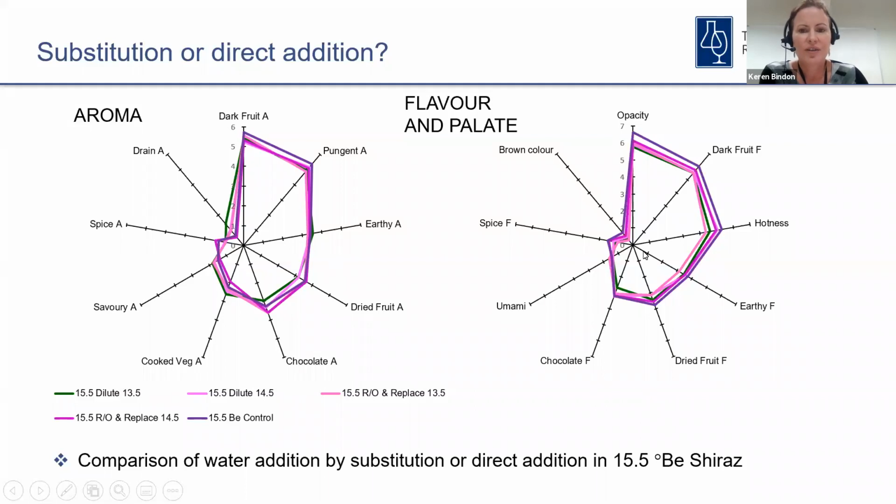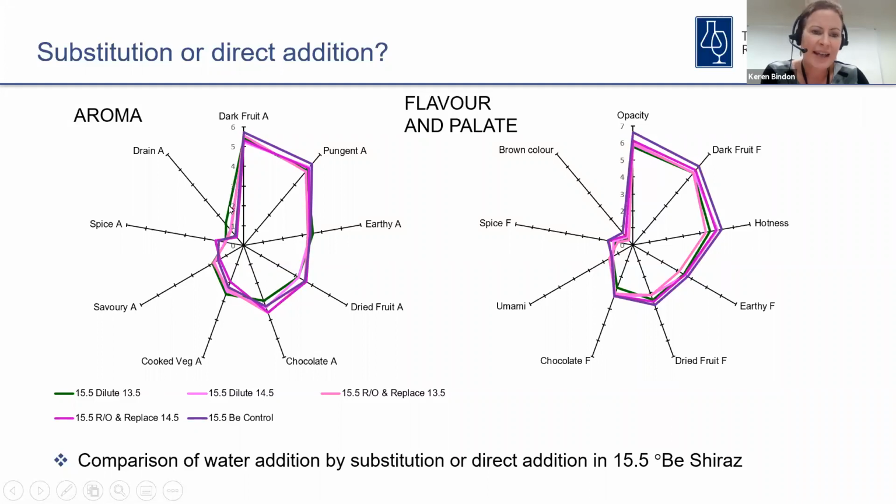So just coming back, we've just shown this data earlier, but this just compares the substitution or direct addition for that higher Baume Shiraz trial. And you can really see here what is important to highlight, and it is quite small on this graph, and I've presented this data in other formats where you can see it more clearly, but this does show a quantitative change, but I think what's important here is it's a significant change.